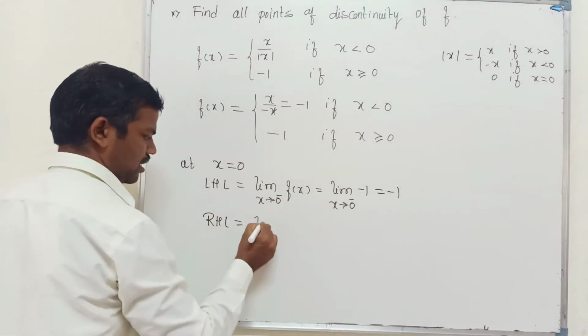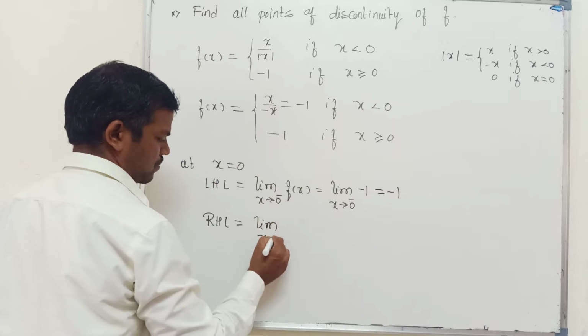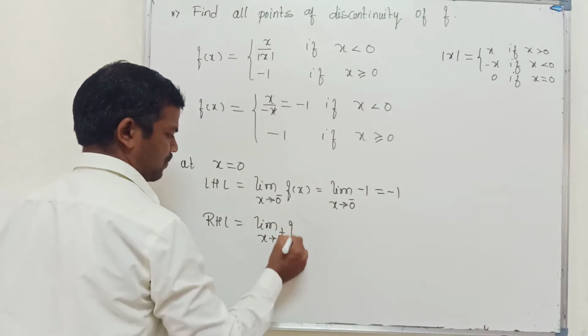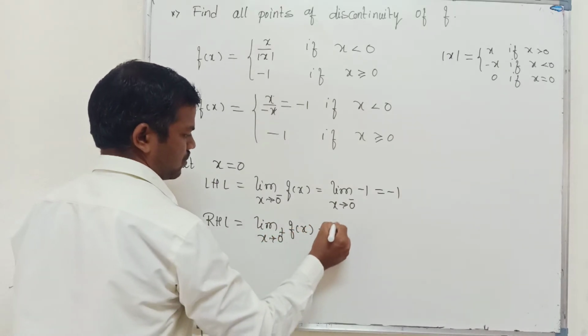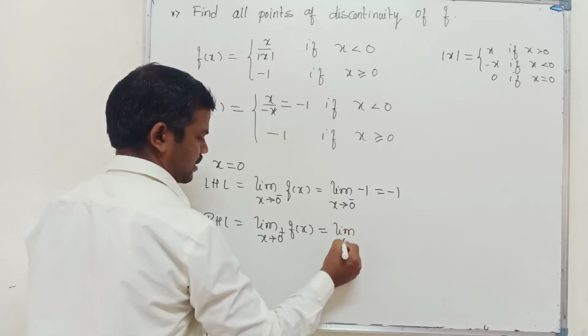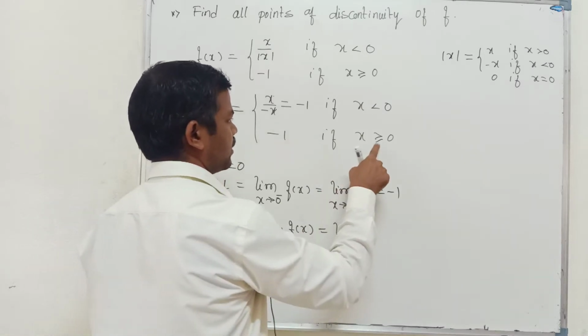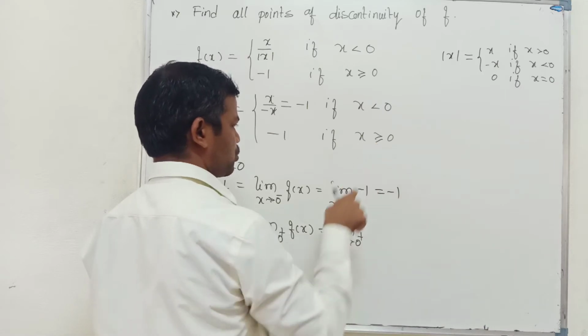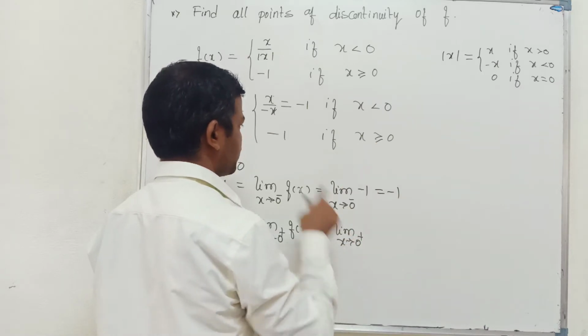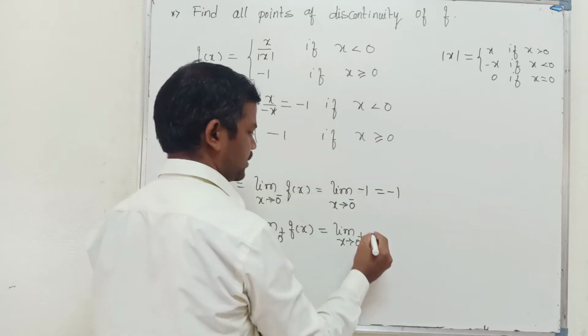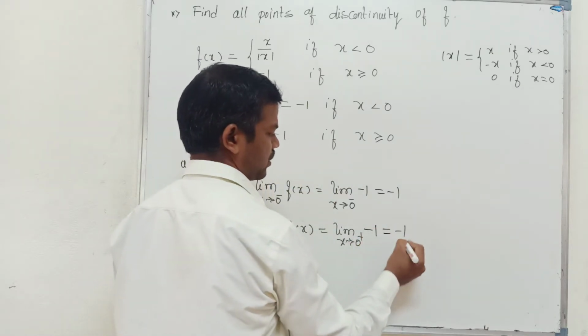RHL is the limit as x tends to 0 plus of f of x, where x is greater than 0, which is minus 1. Again it is a constant.